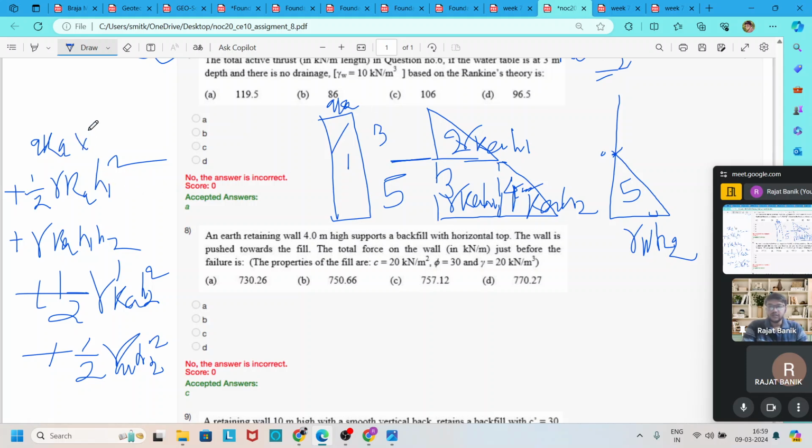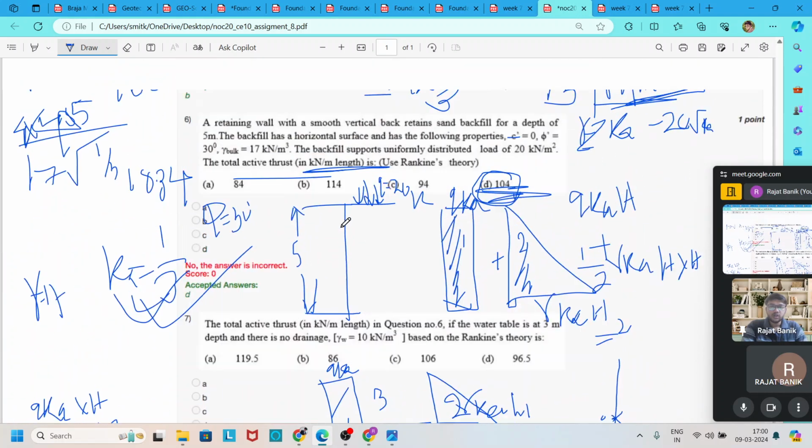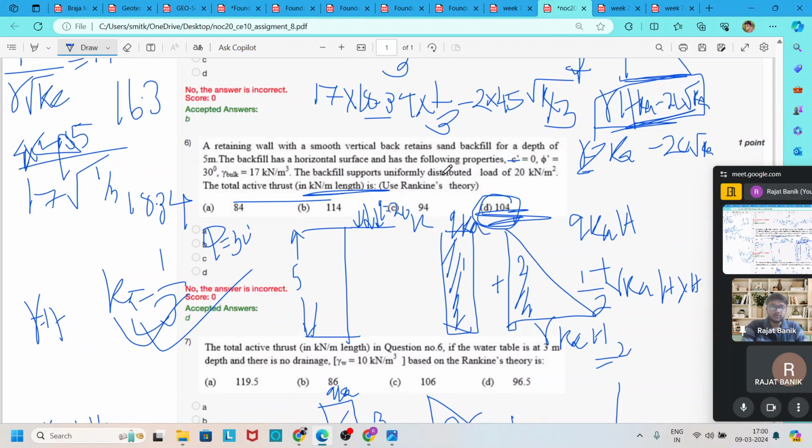Here it is h, and the total height is... sorry, I'm making a mistake.